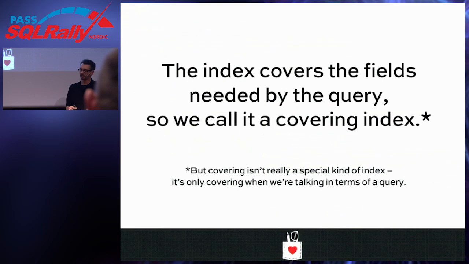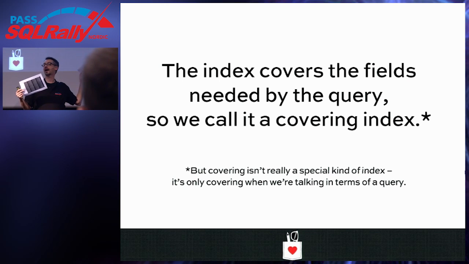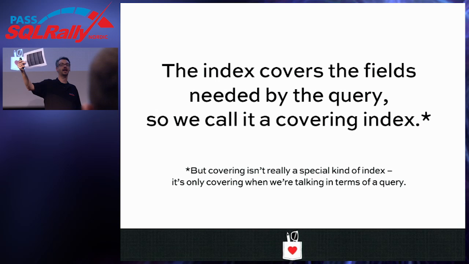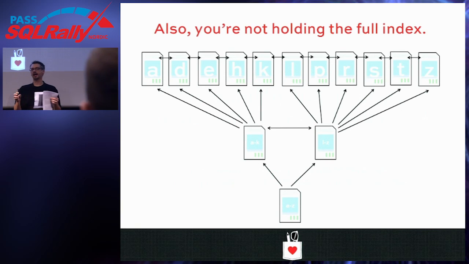Now, next up on that, I just want to point out that this is technically called a covering index, but only for the query I just gave you. That means that the index is covered, the query is covered by this index. All of the fields I needed, ID and last access date, are all included in this index. But it's not really an index. All you have in your hand is the black page, and when you go to seek on this page, you're really doing a scan.